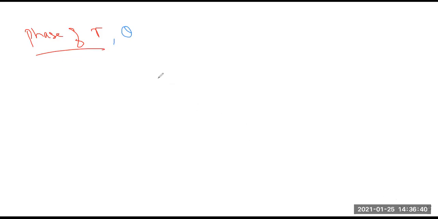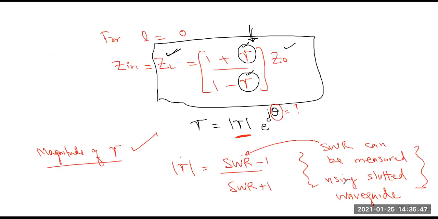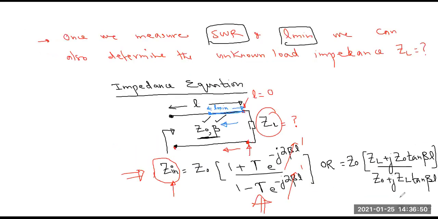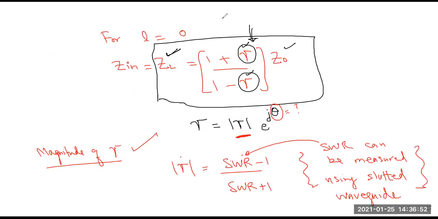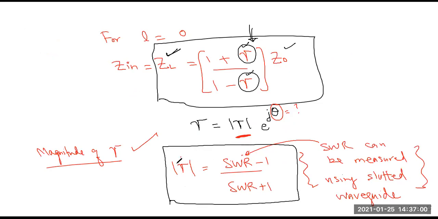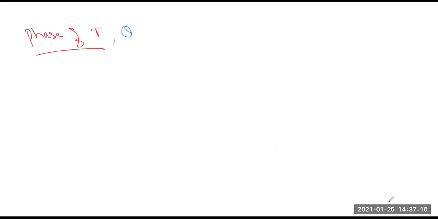Now, in previous lectures, when I was deriving this relationship between SWR and gamma, during derivation of this equation, we found that voltage will be minimum under certain conditions. So let me refer back to that condition and write it down.